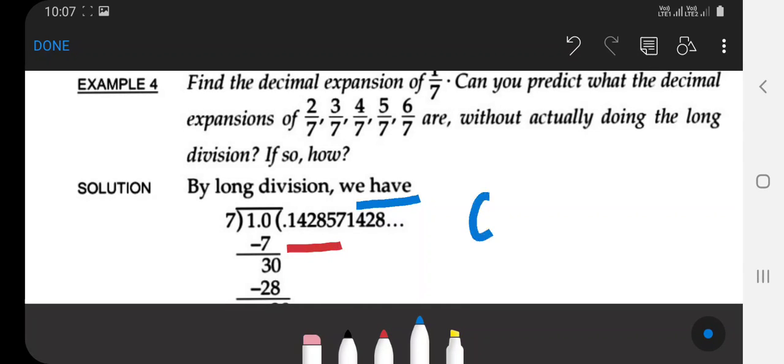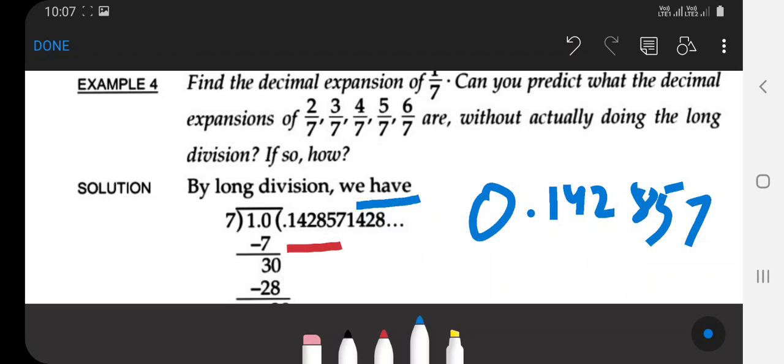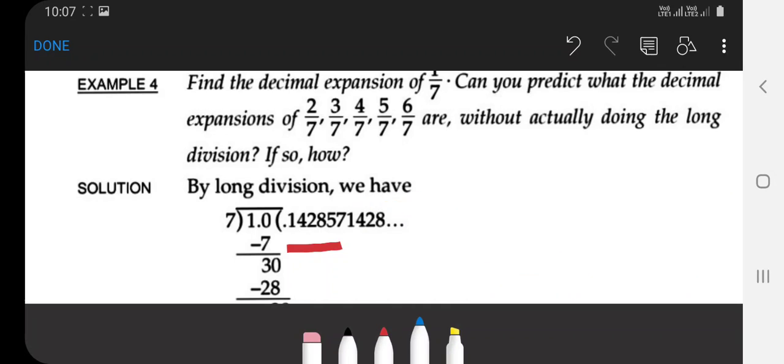Your answer is 0.142857 with a bar or recurring sign above. So firstly, you find the value of 1 by 7. Now, how can you find the value of 2 by 7 or 3 by 7? It is very easy.